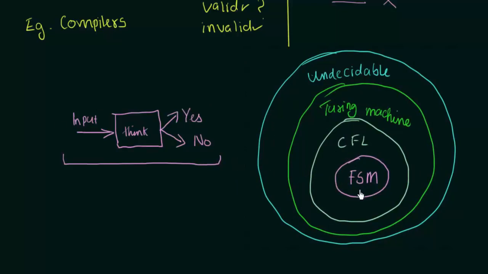In the first layer we have FSM. What is FSM? FSM stands for finite state machine. It is one of the simplest models of computation.